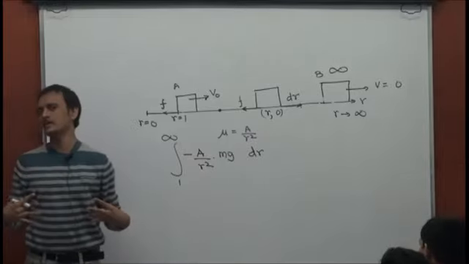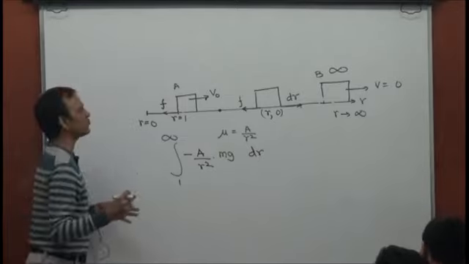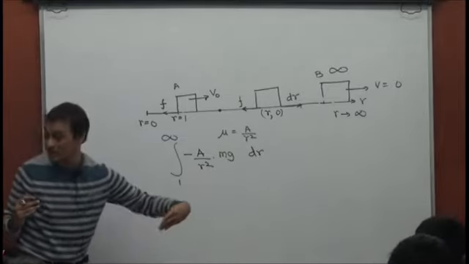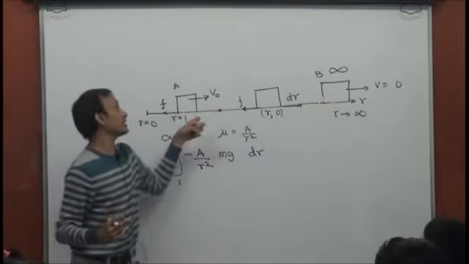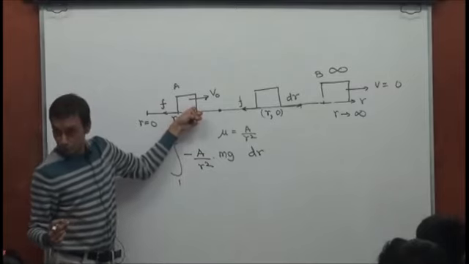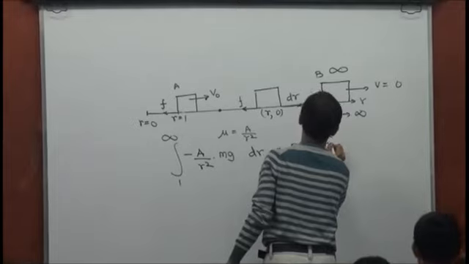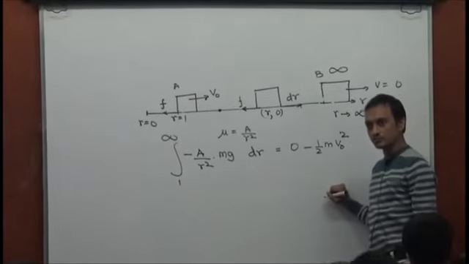And this is the only force that's doing work. Normal reaction is not doing work, mg is not doing work. So work done by this force must be equal to the change in kinetic energy. Final kinetic energy is 0 and initial kinetic energy is half m v naught square. So 0 minus half m v naught square. That's the work energy theorem. Yes or no?